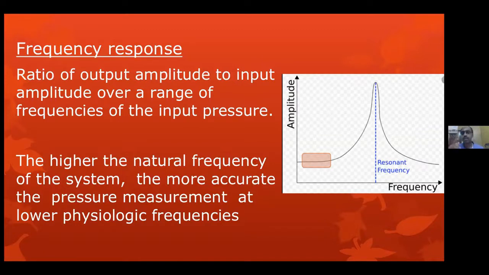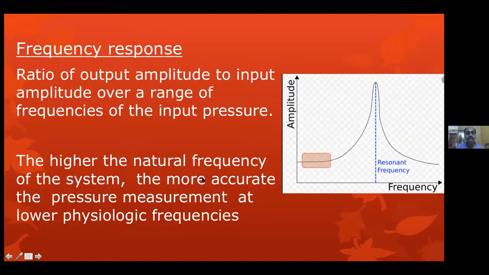I already mentioned, if the heart rate is 60 per minute, 1 per second or a 1 Hertz sine wave, and we want to pick up all the high frequency deflections, we need to go up to the 10th harmonic. That means we should be able to pick up 10 Hertz at a heart rate of 60. Now, if my input frequency is in this range, my output to input ratio will be optimal.